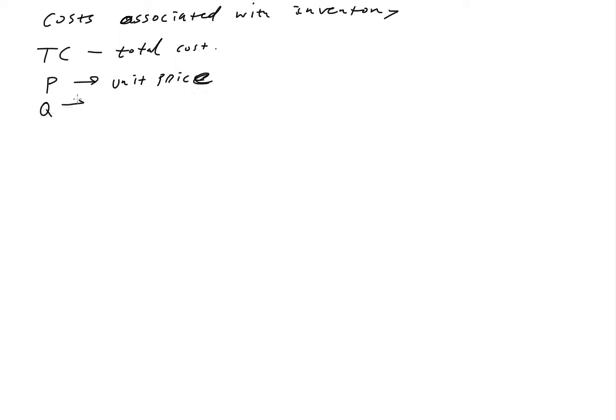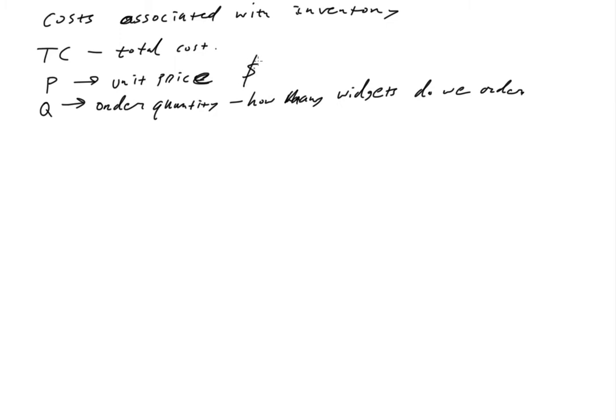Okay, Q is that order quantity. Okay, and that's basically how many widgets do we order each time. Of course, this is in dollars, and this is in number of widgets. Okay, so those are the units there. Okay, and then there's D, which is the annual demand.